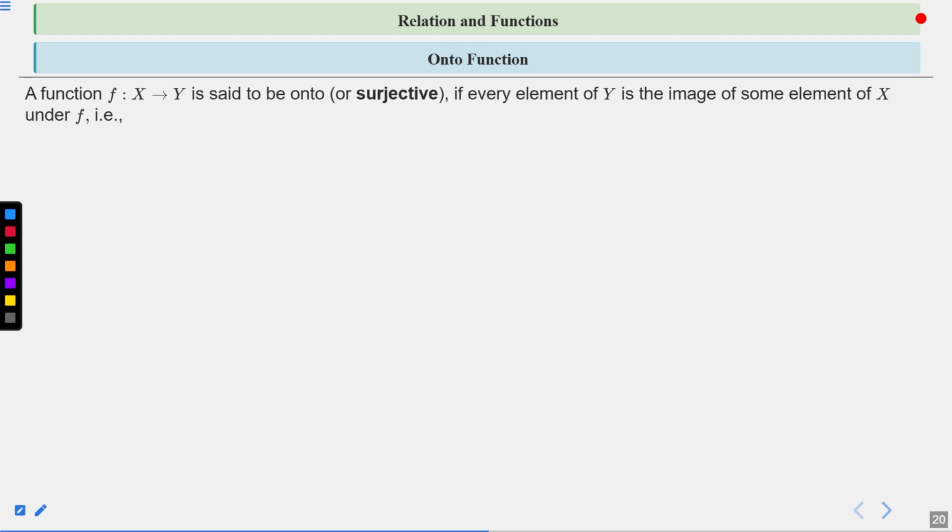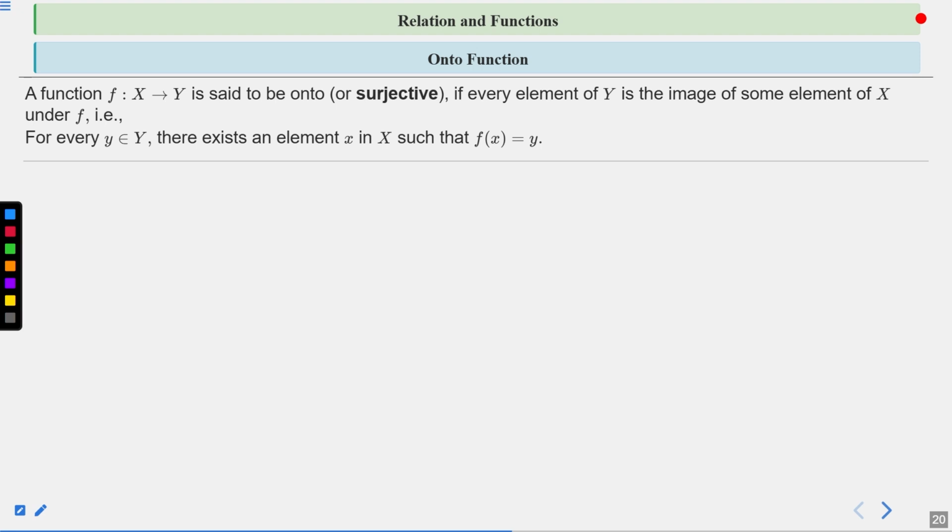Now onto function. Your function defined from X to Y is said to be onto, in other words surjective, if every element of Y is the image of some element of X under f. Simply, your codomain set is equal to the range set, then you will say that your function is surjective or onto function. Simple.